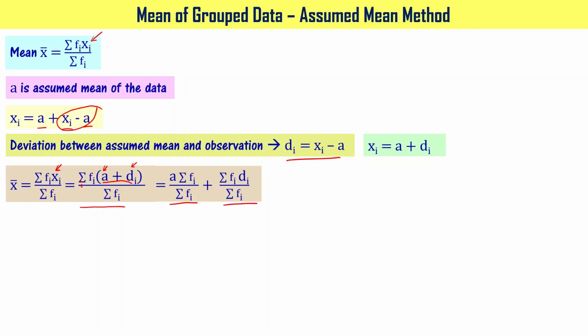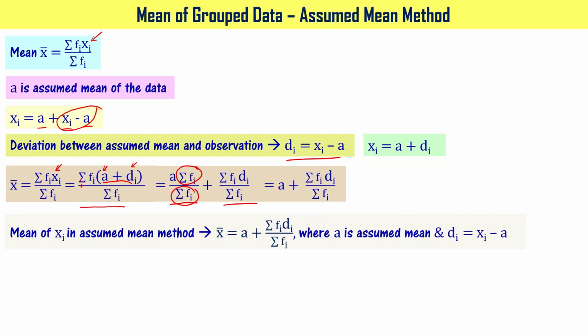Now, if you observe here, I have sigma fi in the numerator and sigma fi in the denominator. Let me cancel that so that I'll get it as a plus sigma fi di divided by sigma fi, right? This is the formula we have used for finding the mean of the group data using the assumed mean method, right?